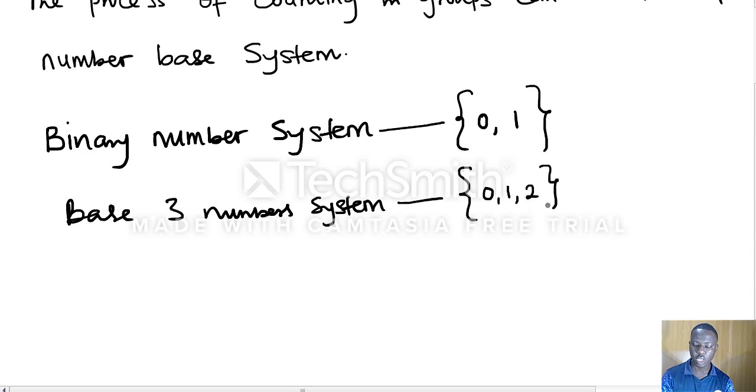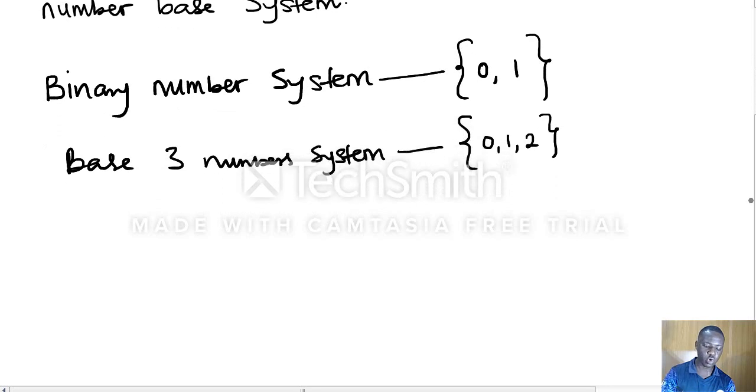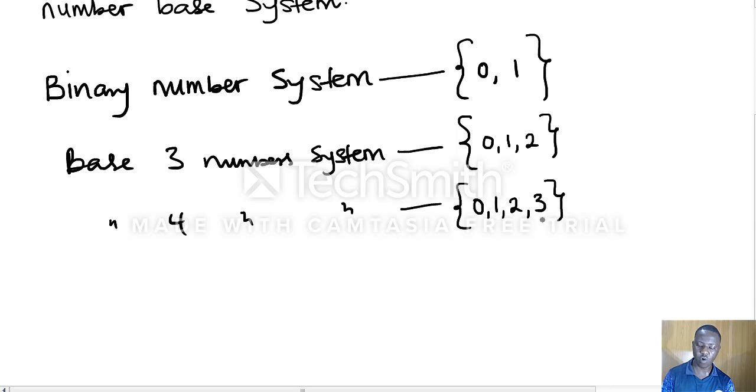So, a base 3 number system is made up of just these 3 digits. Also, we have the base 4 number system, which is also made up of 4 digits. You can only find zeros, ones, 2, and 3s in a base 4 number system.